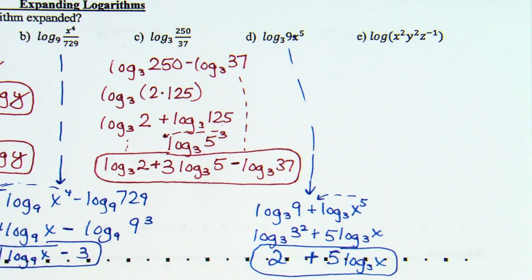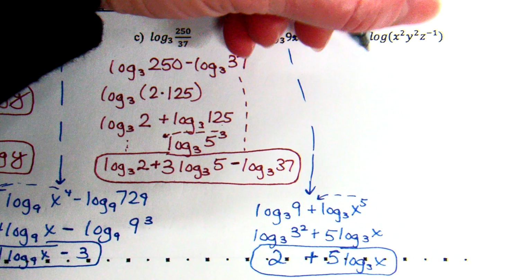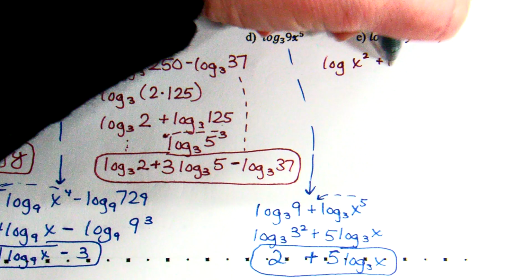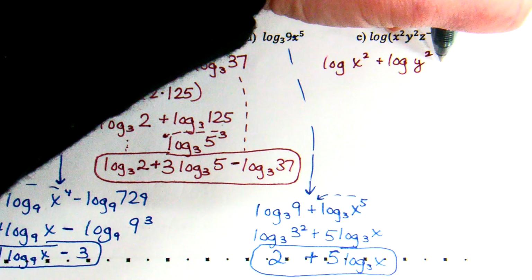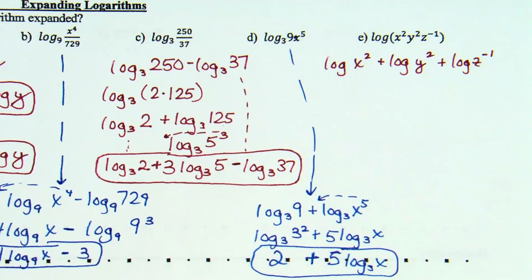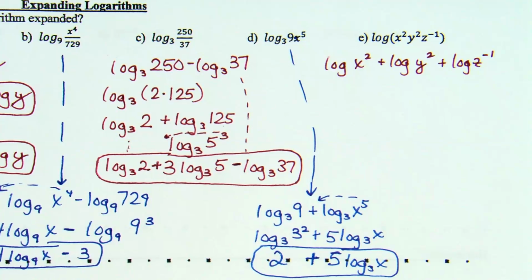When it's being multiplied inside a log, it can be split up and written as the sum of logs, so the addition. So we can make it the log of x squared plus the log of y squared plus the log of z to the negative 1. Okay, so 3 things multiplying says I can break it up into 3 logs being added.